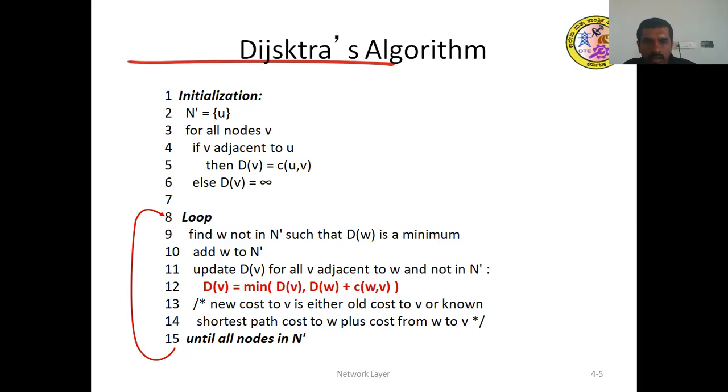Add w to N', and update D(v) for all v adjacent to w and not in N'. So we find D(v) equals the minimum of D(v), D(w) plus c(w,v).